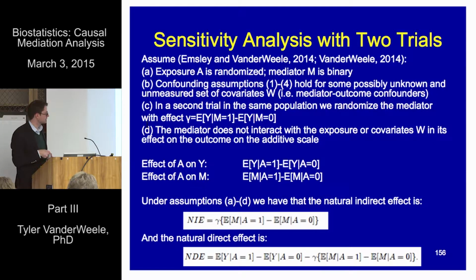For the natural direct effect, we can just take the total effect of the exposure on the outcome, which again we can obtain in an unbiased way because we've randomized the exposure, and we can subtract the natural indirect effect, and that'll give us our natural direct effect. So if we could randomize both the exposure in one trial and the mediator in another trial, and we were willing to make these somewhat milder assumptions, we can get our natural direct and indirect effects from those two trials.